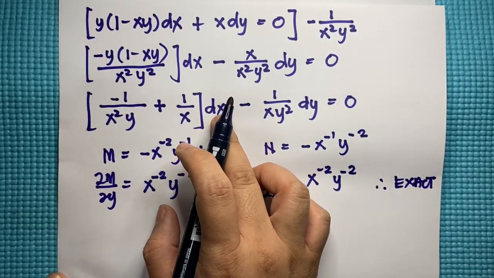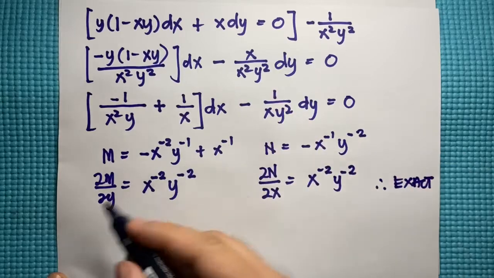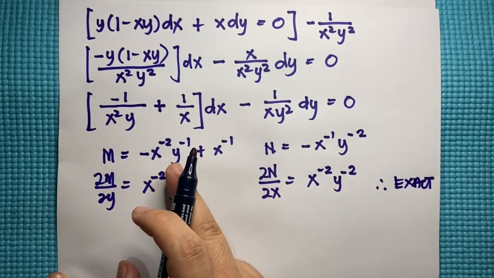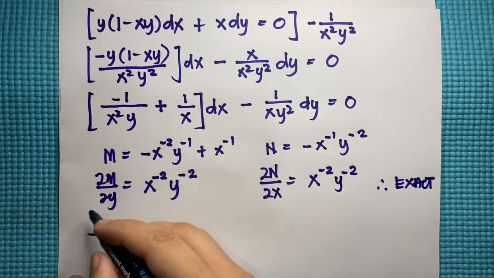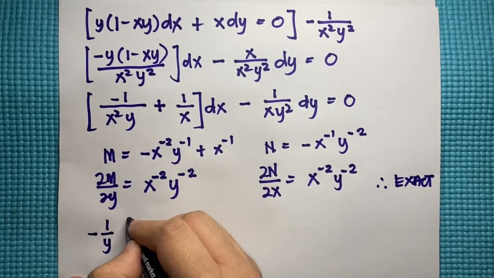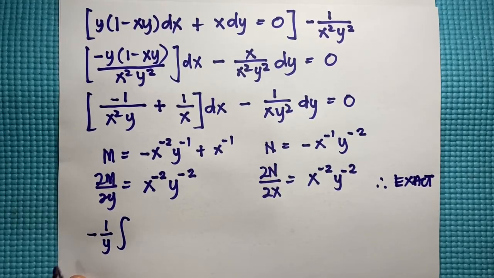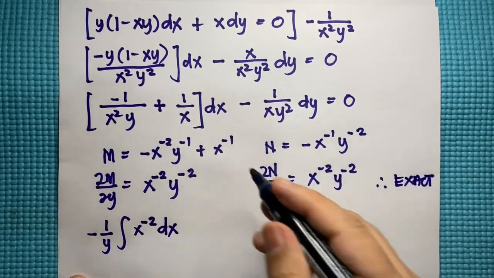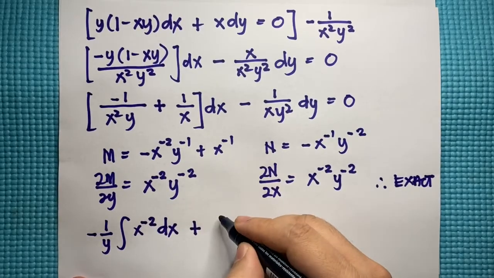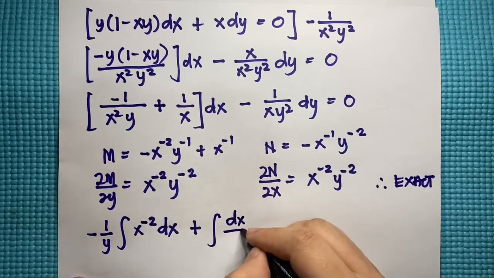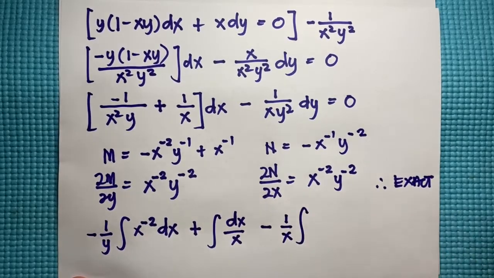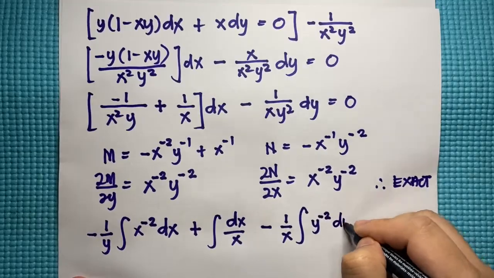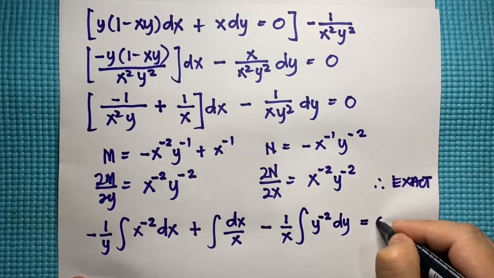Our differential is dx, so I could move out the negative y, so I could have negative 1 over y multiplied with the integral of x raised to negative 2 dx, and then plus the integral of dx over x, and then minus 1 over x, the integral of y raised to negative 2 dy, and that is equal to 0.